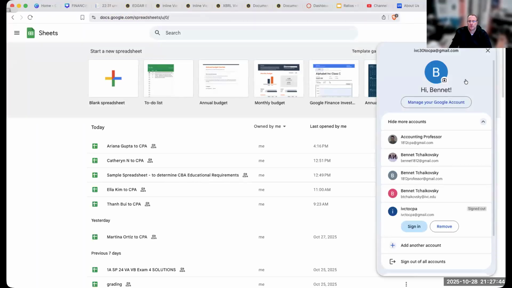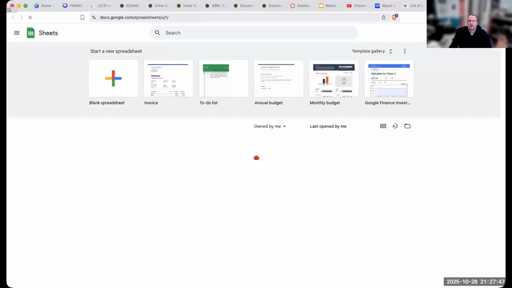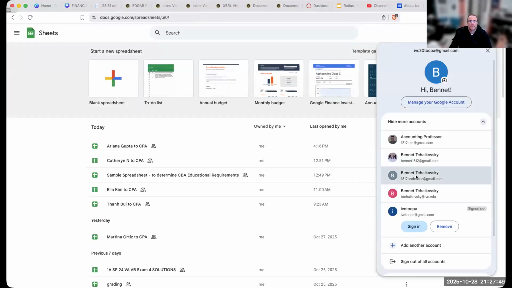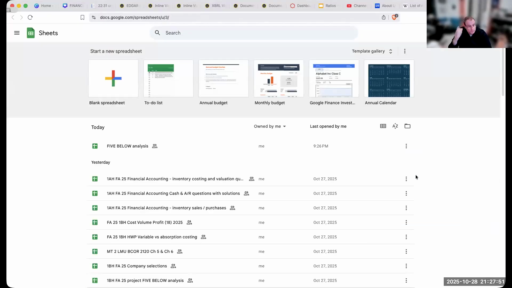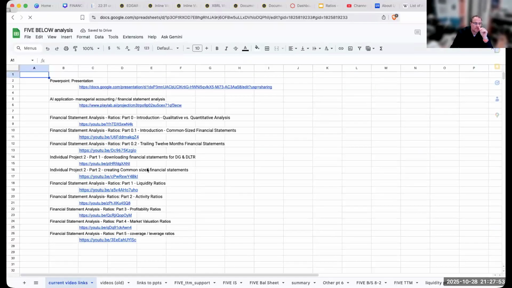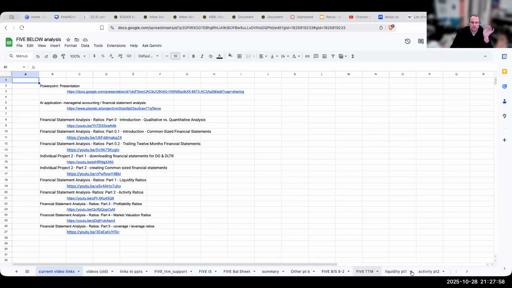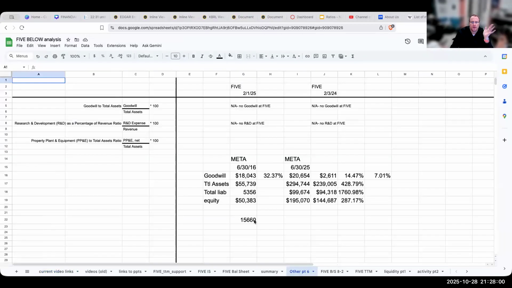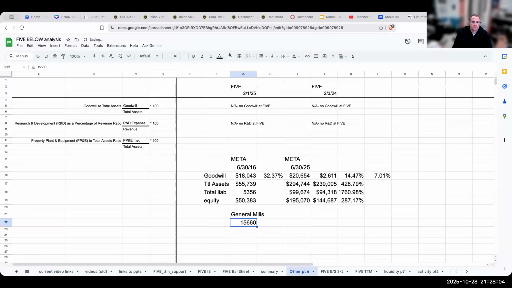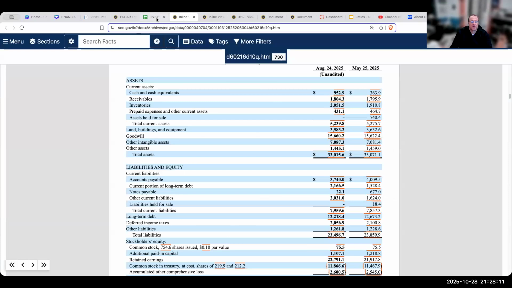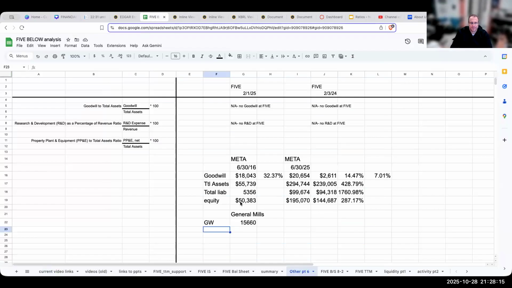I lost my Google Sheet. So if I went back over here to the other, so this is going to be General Mills, goodwill. And then we have other intangibles of 7087.